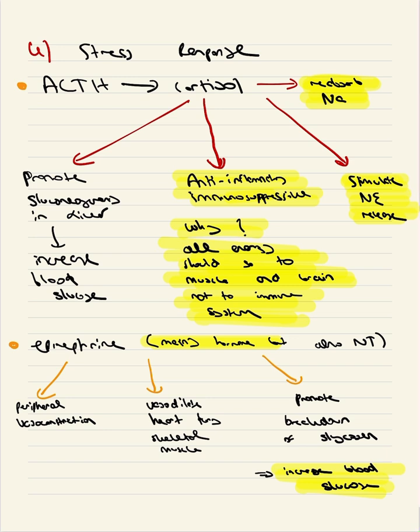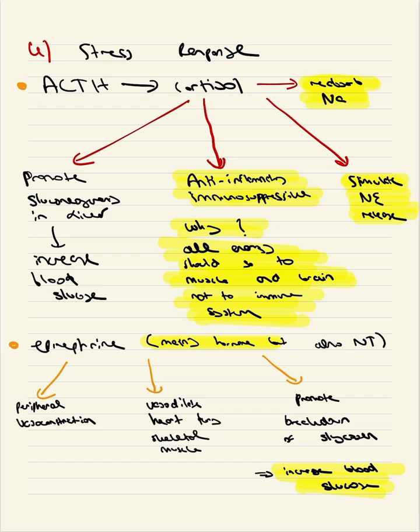Then you have your epinephrine, and epinephrine is mainly a hormone, but also a neurotransmitter, obviously. And basically, it is allowing for vasoconstriction, and vasodilation of the heart and the vessels that go to the skeletal muscle, obviously. It will also cause bronchial dilation because you want to have maximum air, maximum oxygen, right?